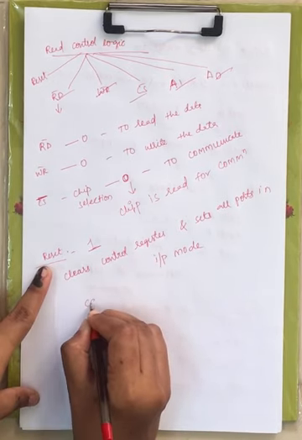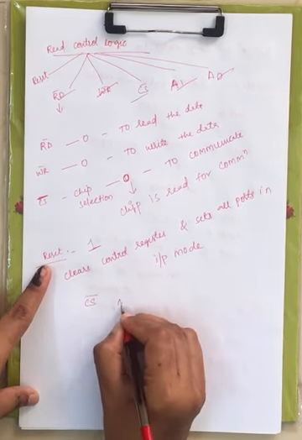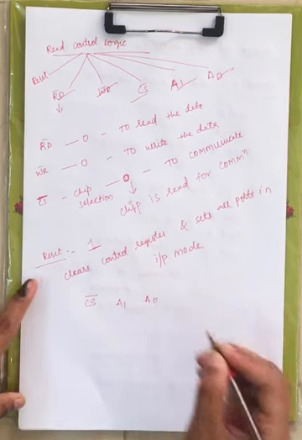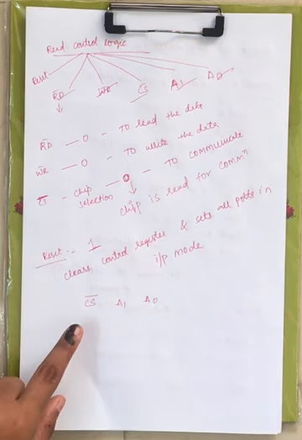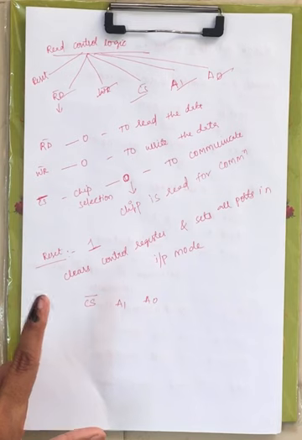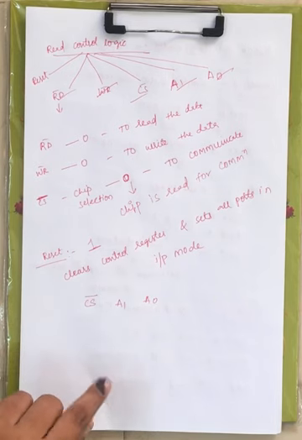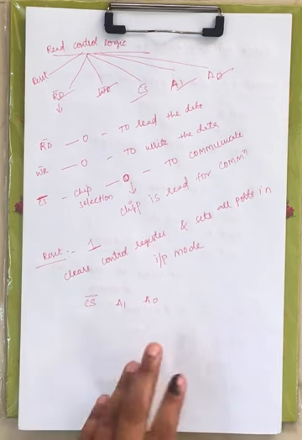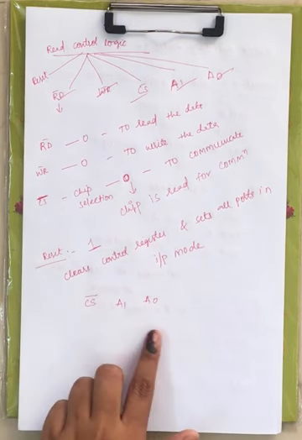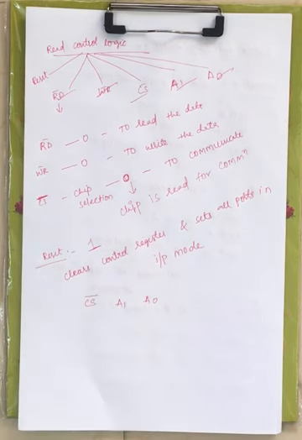Now we have chip selection, CS bar and A1, A0. What is CS? When it is 0, the 8255 is ready for communication. Using A1, A0, four logics are possible: 00, 01, 10 and 11. These are used to select port A, port B, port C and the control register.